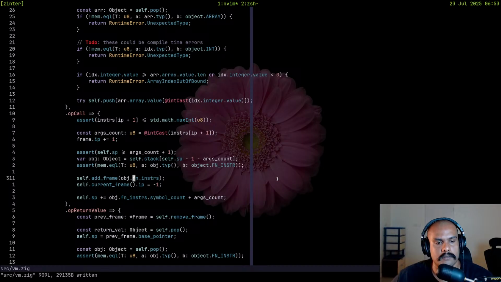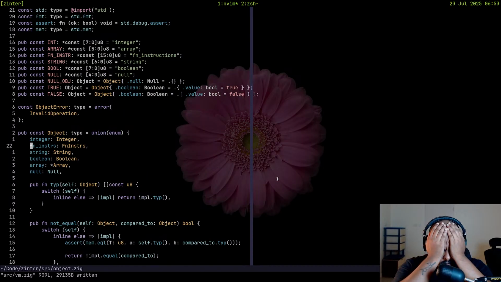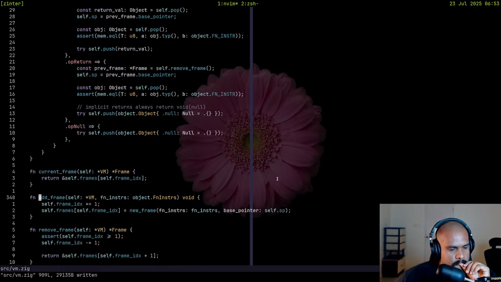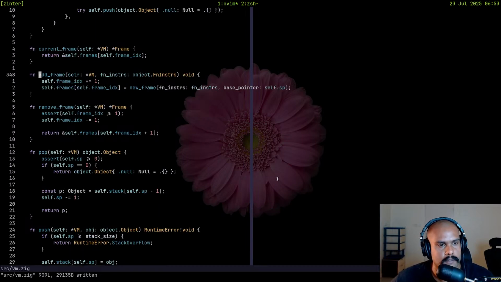Here. Okay, that makes sense. Totally missed that. That's why the whole thing gets messed up. Frame index plus equals 1. Actually, no. I did think of that too.